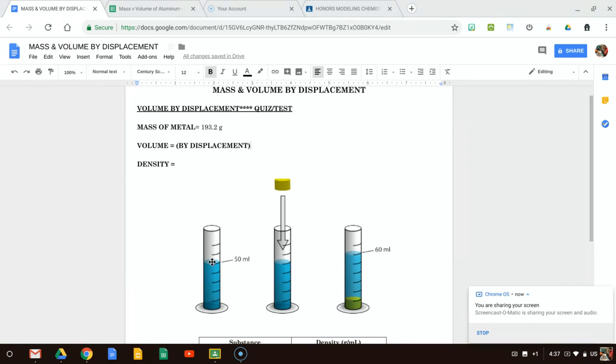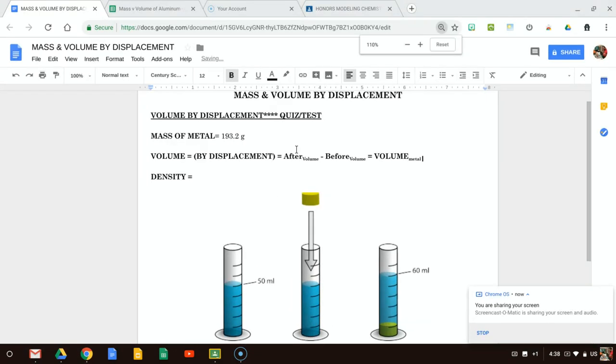So my volume before I added the object was 50 milliliters. The volume after I added the object was 60 milliliters. So the way I do this is I do an after volume, I'm going to make this subscript, an after volume minus a before volume, and that's going to equal my volume of the metal.